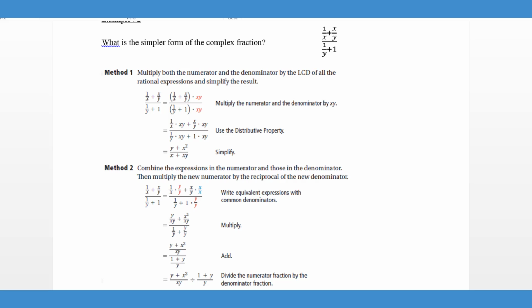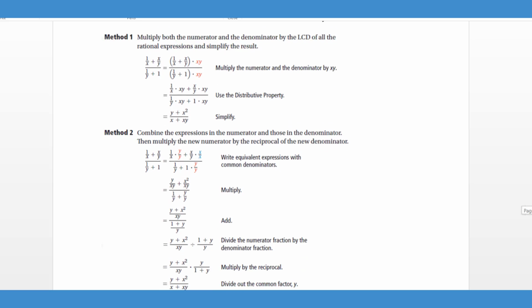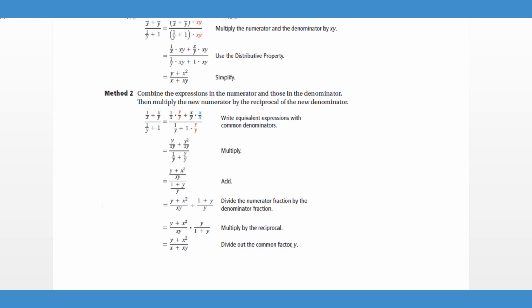In method 2, there's simplification in the numerator and then in the denominator, separately of each other. Then we change it to a division problem, flip it to a reciprocal and make it a multiplication problem, and simplify just like you did when multiplying and dividing rational expressions.